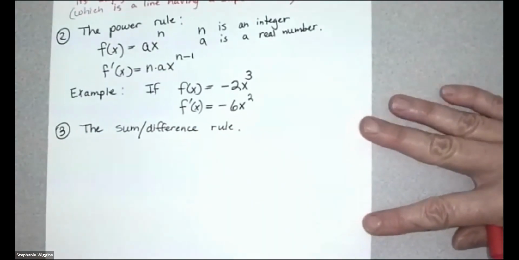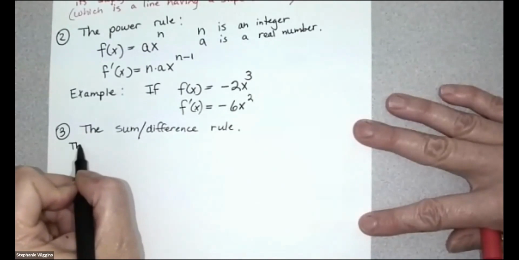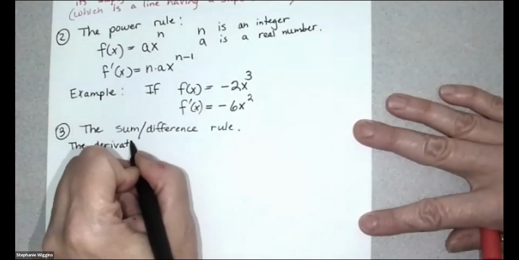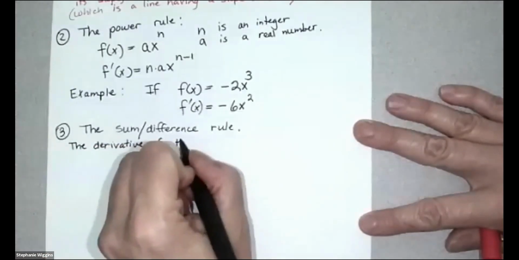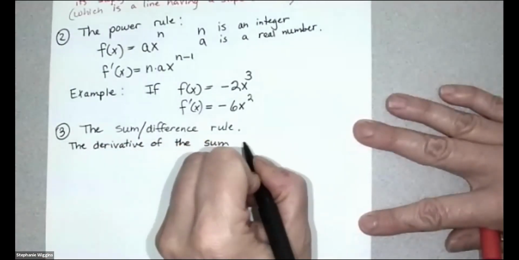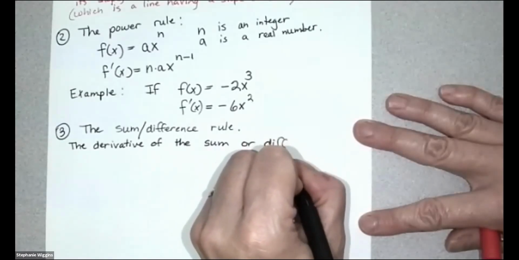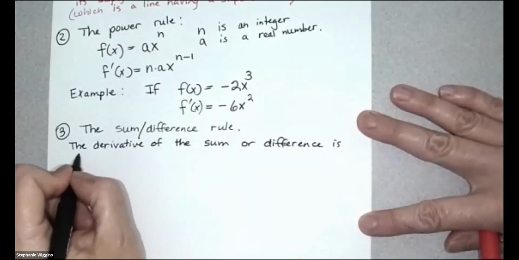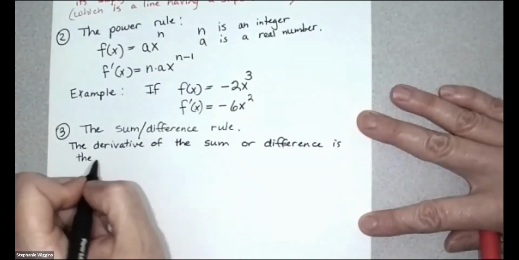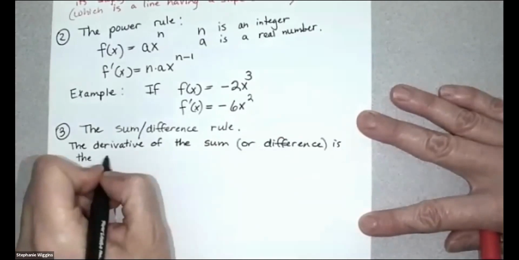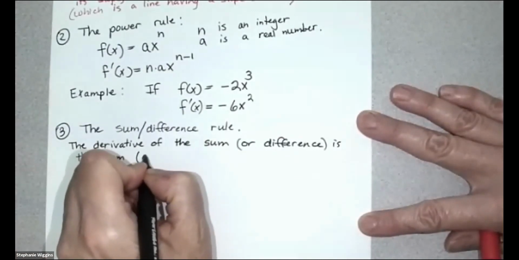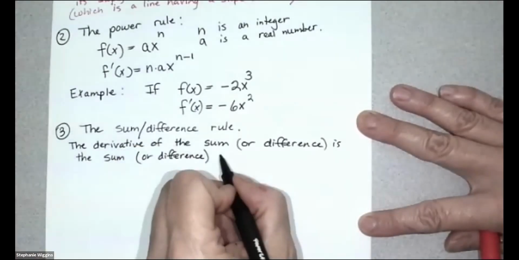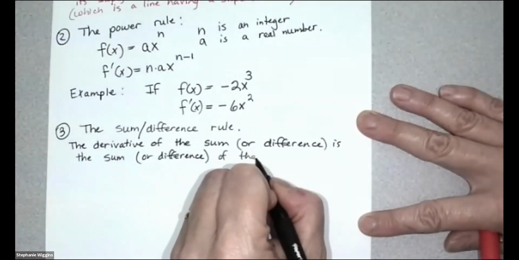Basically, what this rule says is the derivative of the sum or difference is the sum or difference, respectively, of the derivatives.